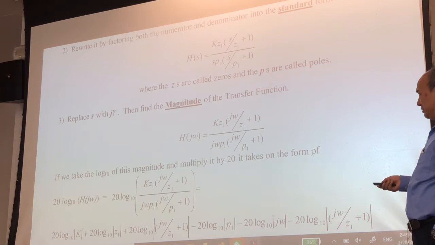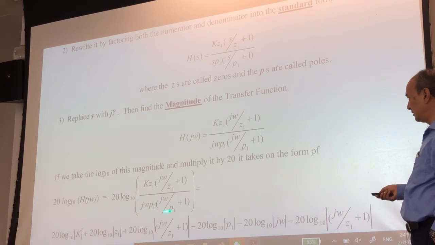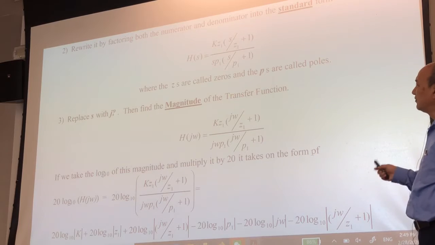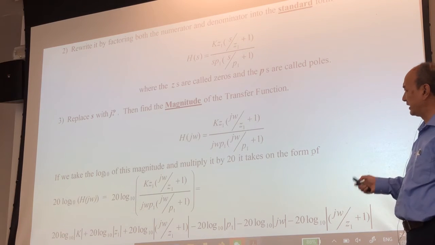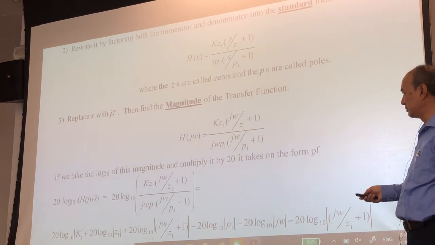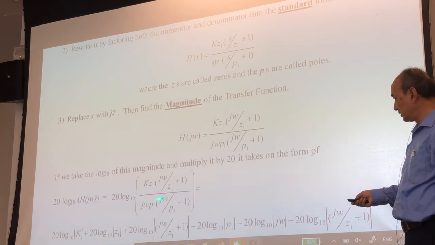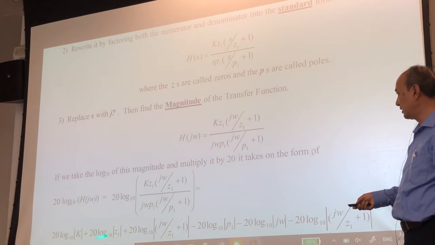Then let's take the log 10 of this. Let's focus on the magnitude. The magnitude will have log k and the z term.